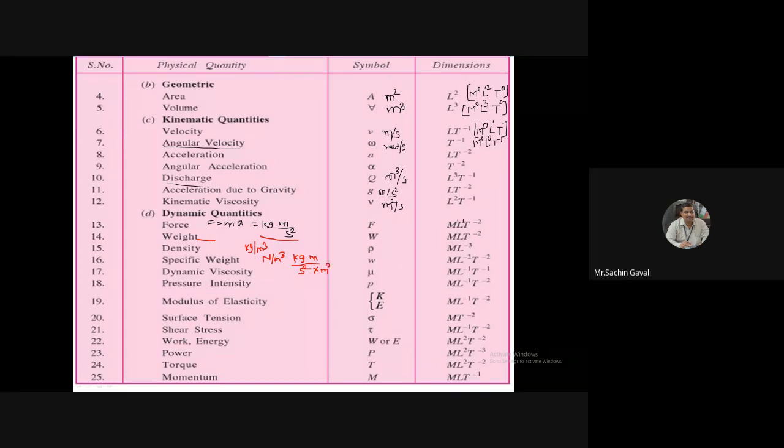So this will become meter raised to 2. Okay, so it will become M raised to 1, L raised to minus 2, T raised to minus 2.